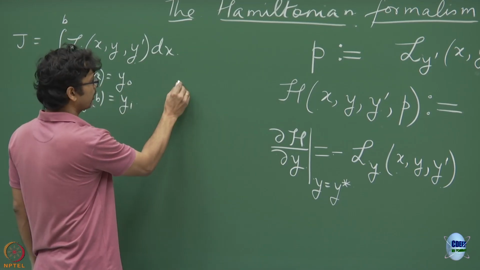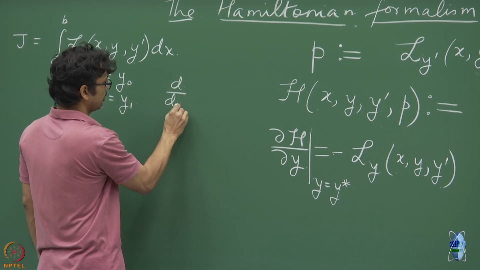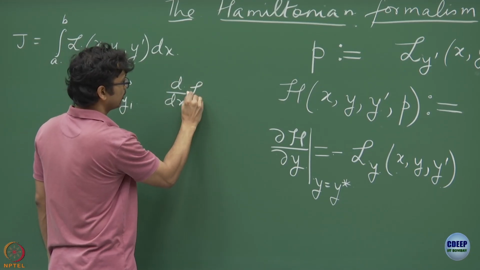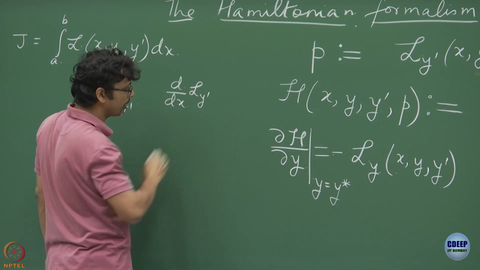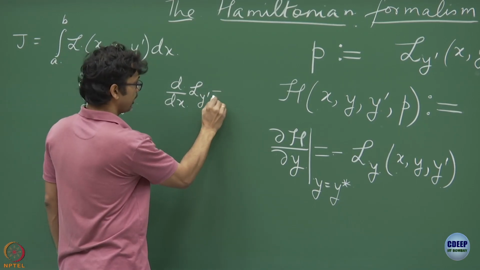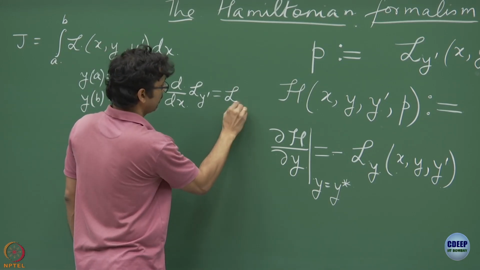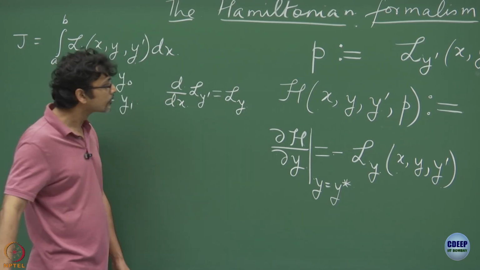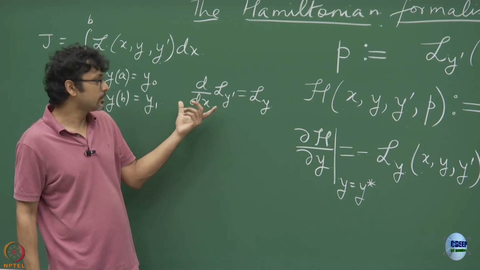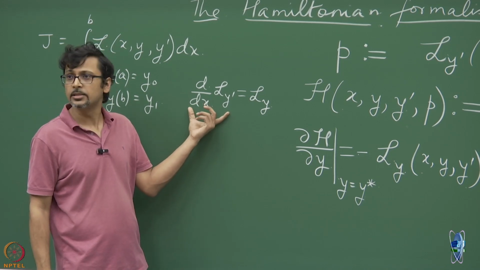Recall that the Euler-Lagrange equation is the following: d/dx of L_y' is equal to L_y. So if you take a minus sign on either side, you get minus of this.